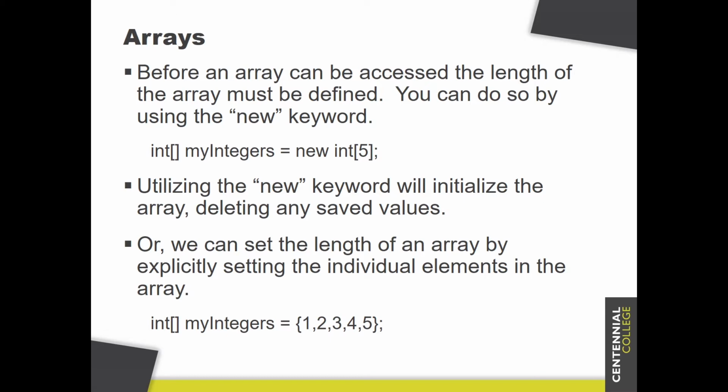In the case we have here, int square brackets myIntegers equals open brace 1, 2, 3, 4, 5, close brace, semicolon, creates a brand new array with enough space for 5 integers, and the integer values are going to be 1, 2, 3, 4, 5. So we have declared the array, set its size and initialized it all in one line.